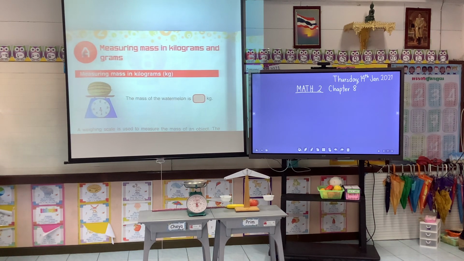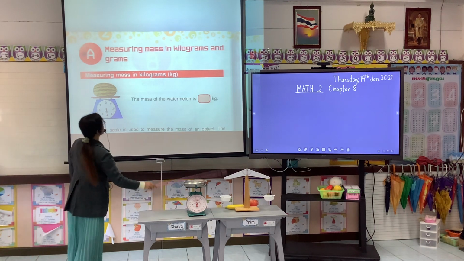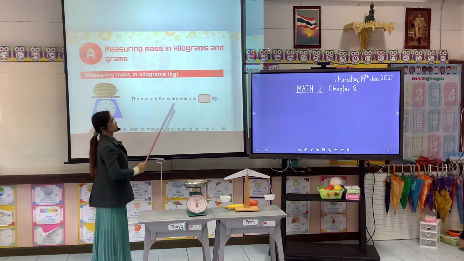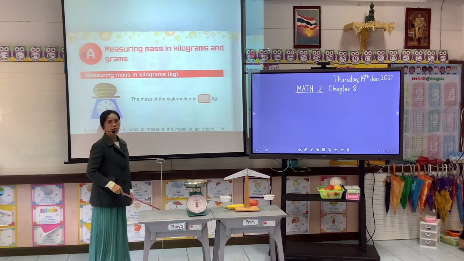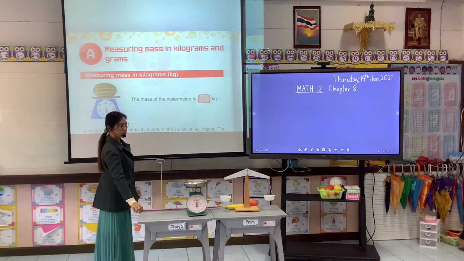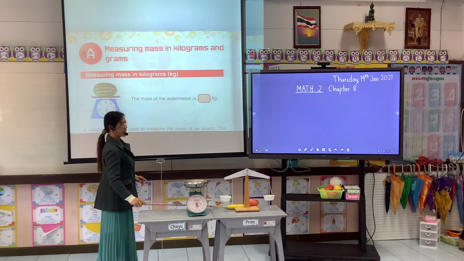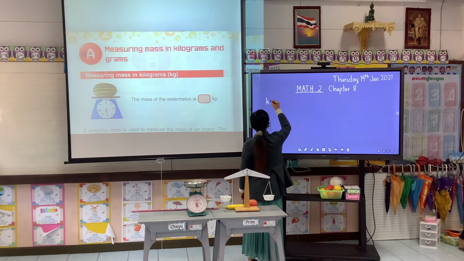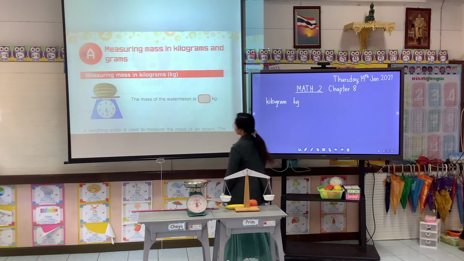In letter A, measuring mass in kilograms. You can see this, kg. Kg is the abbreviation for the word kilogram. Kilogram is quite long, so we use two letters. Kilogram is the same as kg.